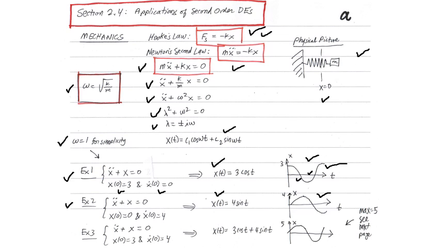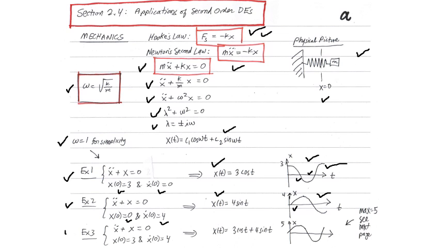Physically, what's happening here is we're starting from the equilibrium position, but we're giving it an initial velocity in the positive direction. So it starts out moving away from the equilibrium, but eventually when it gets far enough away, the Hooke's law force starts pulling on it strongly enough that it pulls it back towards the equilibrium, and then it oscillates back and forth.